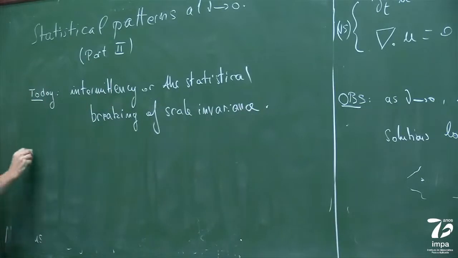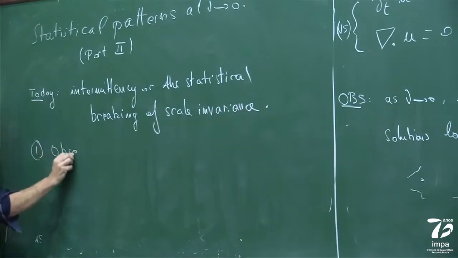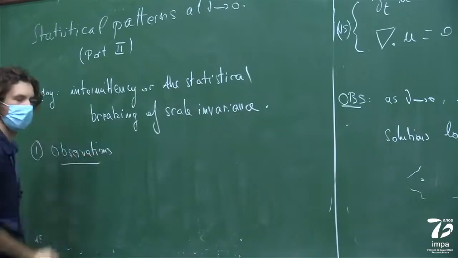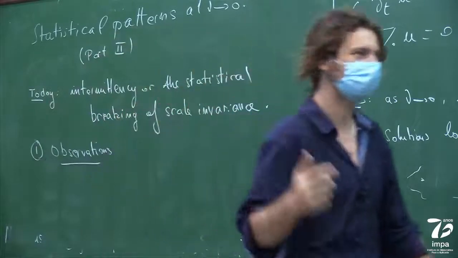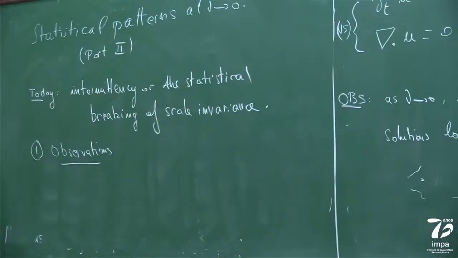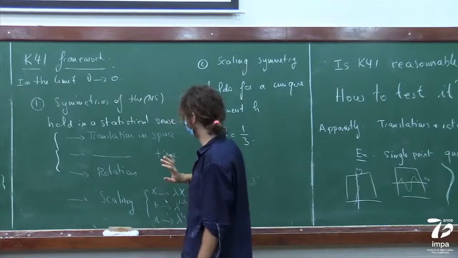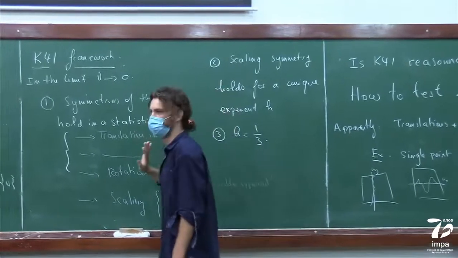And so first, again, let's observe. What does it mean to have a scale invariance? In this framework, it is formulated in a sufficiently loose way.